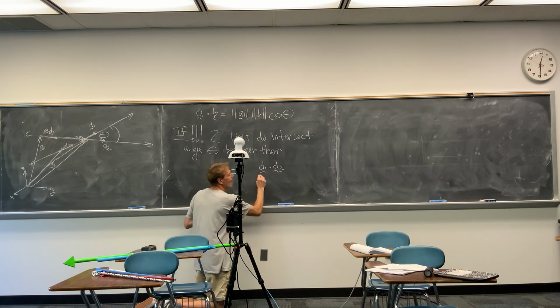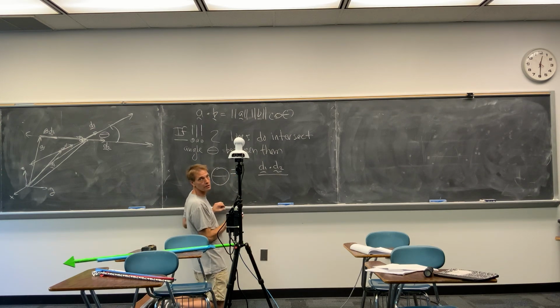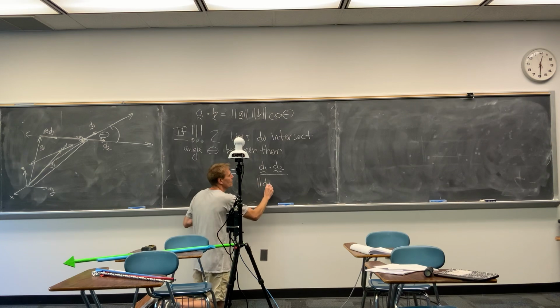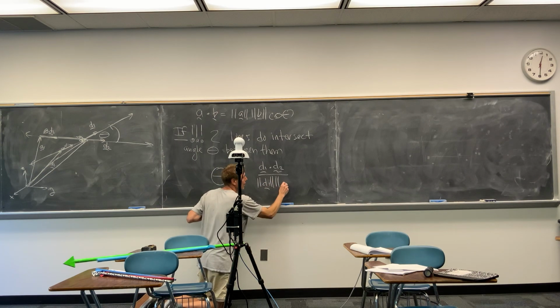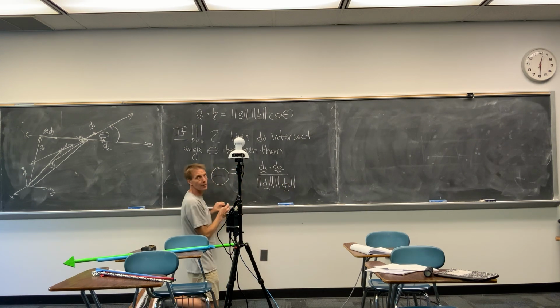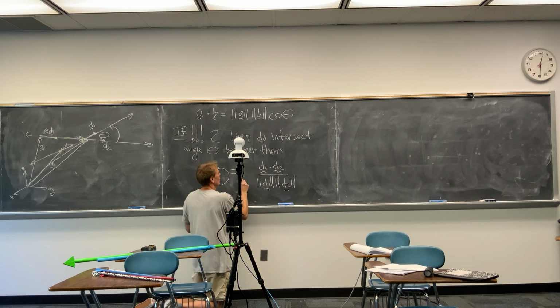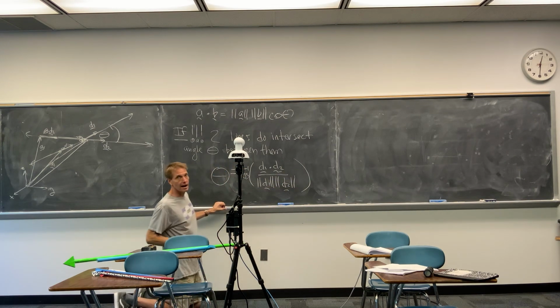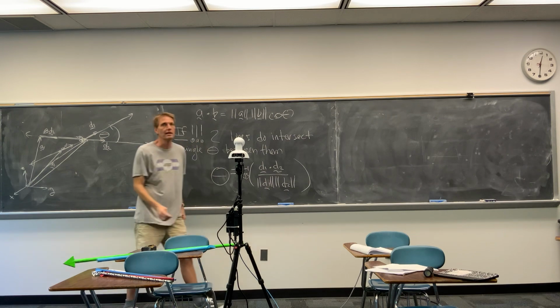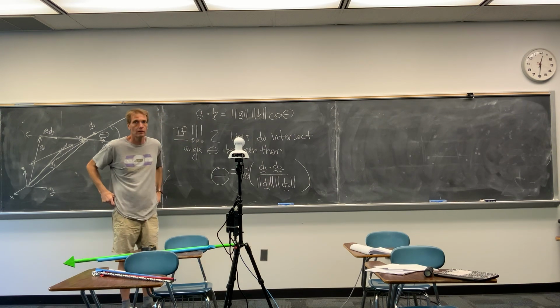So I would have d1 dot d2 divided by the norm of d1 times the norm of d2, and then I would do what to both sides to get theta all by itself? Inverse of cosine. And that's a nice flashcard to have.